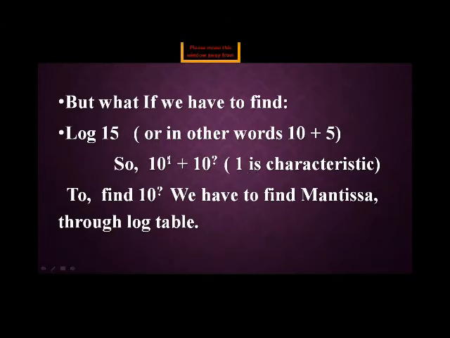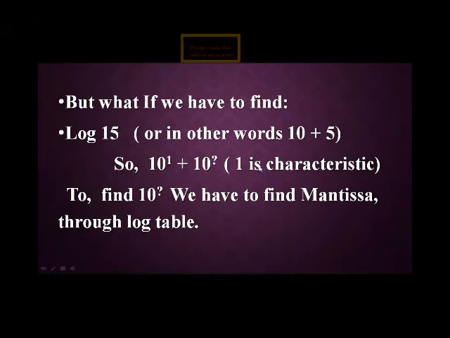And here the characteristic is 1, or you may use the rule number 1 that we have discussed. 15 is greater than 1, so there are two digits in its integral part, 1, 2. When you subtract 2 minus 1, you will get 1. So its characteristic is 1.